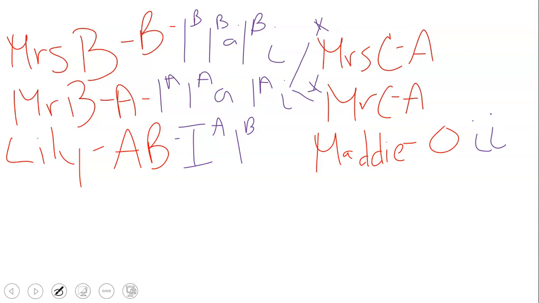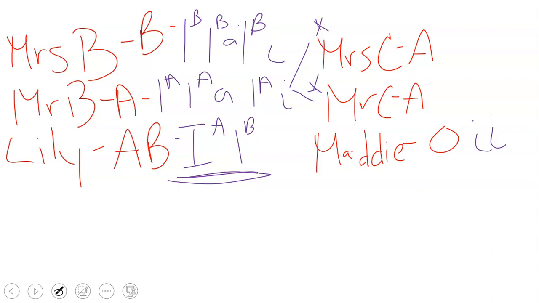Mr. and Mrs. Brindisi are opposite blood types, right? Mr. is A and Mrs. is B. And so, yes, it's definitely possible for them to have an IA-IB child. Okay? And you could do all of the different Punnett squares that could give you this outcome. Okay? So, any of these genotypes that we listed could produce the IA-IB genotype in their child.